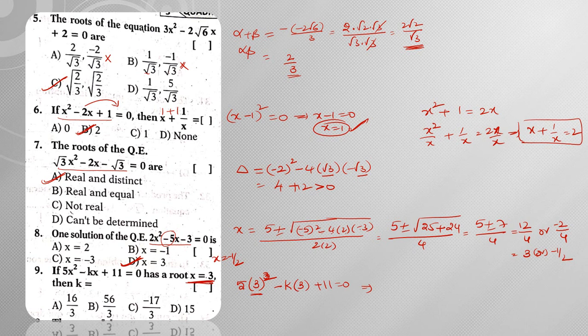So 3 square is 9, 9 5s are 45 minus 3k plus 11 is equal to 0. 45 plus 11 is 56. Now when you transpose this minus 3k, it becomes plus 3k. 3k is equal to 56. K is equal to 56 by 3. Hence the answer is 56 by 3.